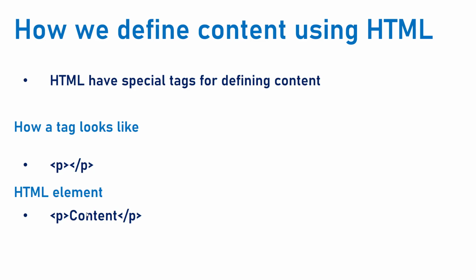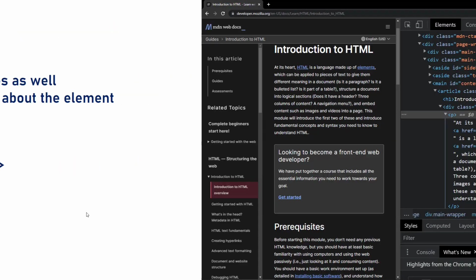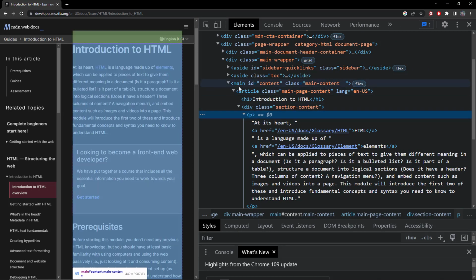Now let's talk about attributes. What are attributes? Some HTML elements have different attributes as well. Attributes contain extra information about the HTML. There are elements which use different kinds of attributes. If I visit a website again, there you are going to see this element has attributes called ID and class. We can give different attributes as well, as many as we want.